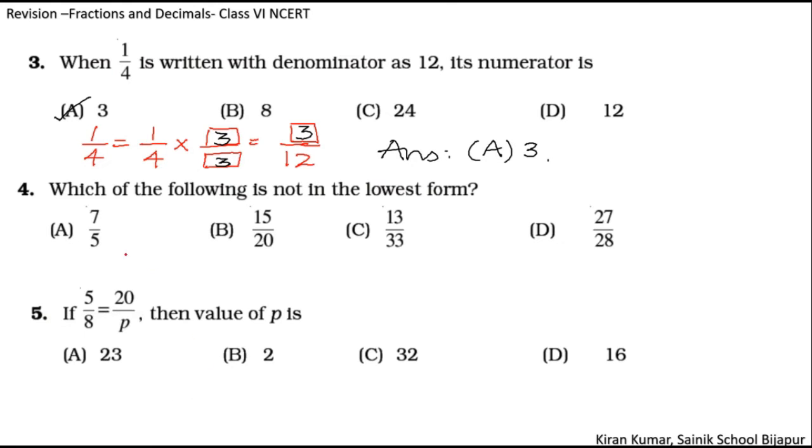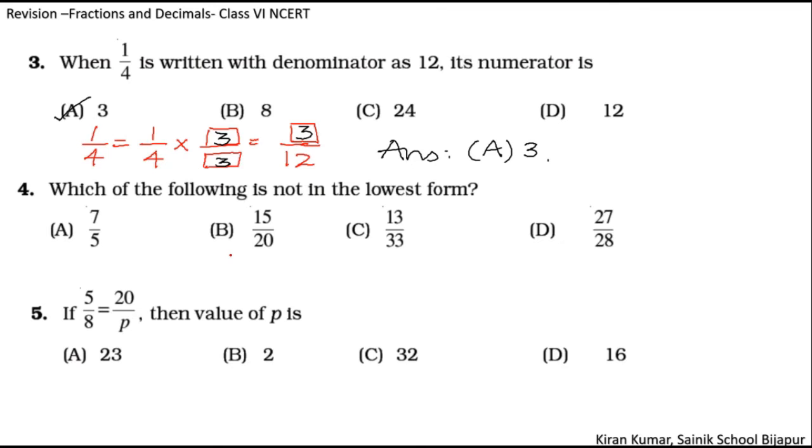Question number 4. Which of the following is not in the lowest form? When the numerator and denominator are not both divisible by a number, we say that the number is in the lowest form.